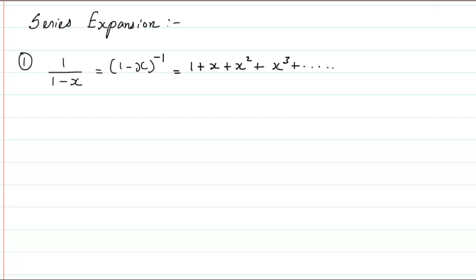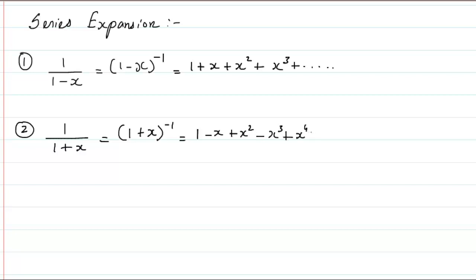The second one is 1 by 1 plus x, or (1 plus x) inverse, and its equation is also simple: 1 minus x plus x square minus x cube plus x raised to power 4 minus x raised to power 5, like that. So alternate values become negative here.